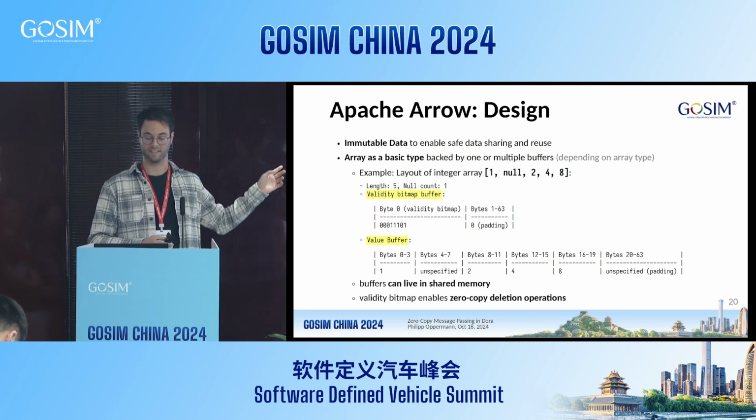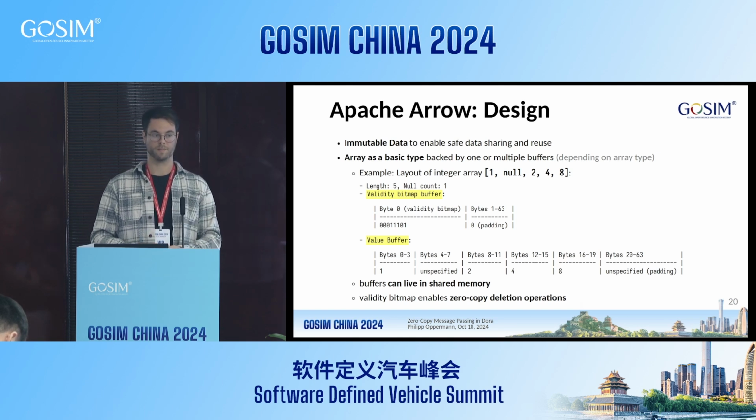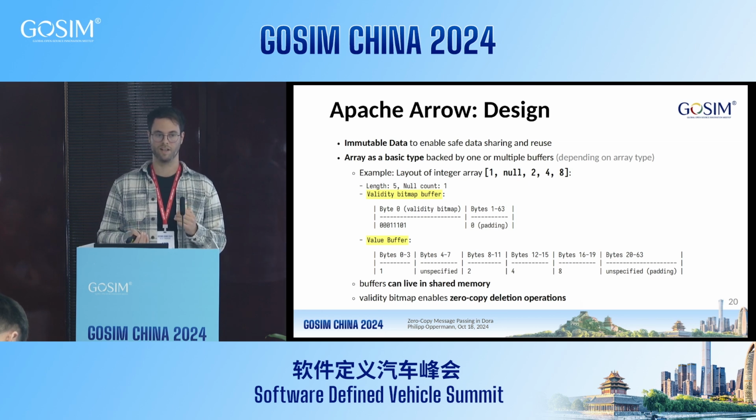And then we have an additional bitmap, a validity bitmap, that specifies which values are valid. This allows you to delete individual values without modifying the underlying value buffer. So this is a zero copy deletion operation, because you can very cheaply clear values from the list.